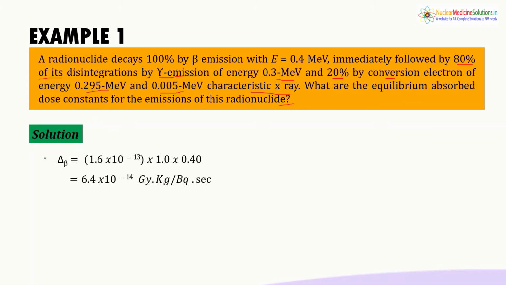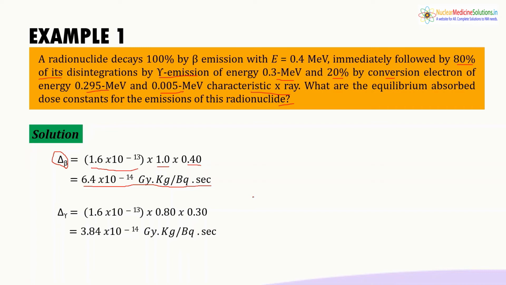The delta beta, meaning the contribution from beta emission, will be 1.6 times 10 to the power minus 13, this is the value of K, times 1.0, which is the 100% emission, times 0.4, which is the energy of that beta emission. So it will become 6.4 into 10 to the power minus 14 gray kg per becquerel second.